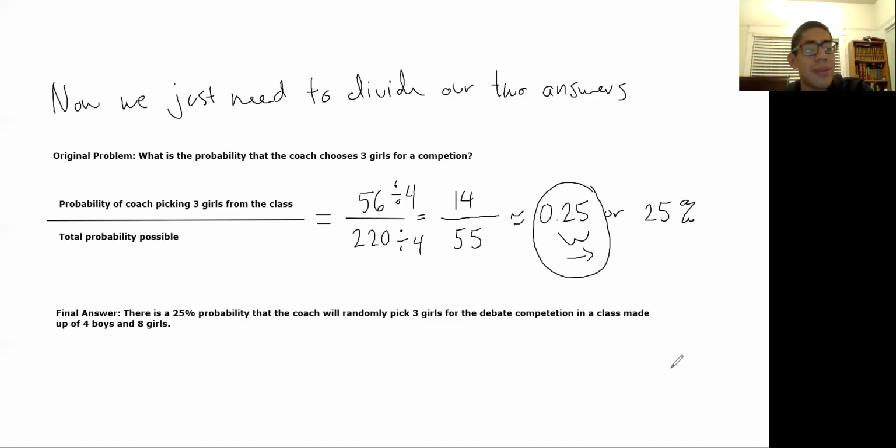So move that decimal over 2 places to the right, or multiply it by 100. Either way, you get the same answer, and it gives you a percent. This is your fraction, this is your decimal, and this is your percent. You want percents because percents are the easiest to understand. 25%. My final answer is there is a 25% probability that the coach will randomly pick 3 girls for the debate competition in a class made up of 4 boys and 8 girls.